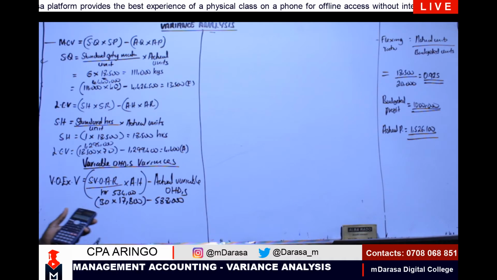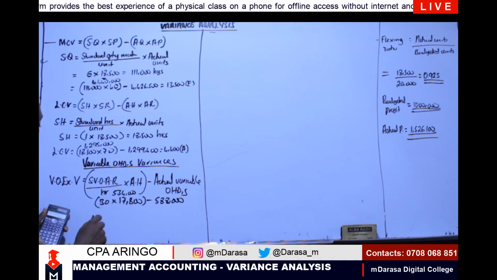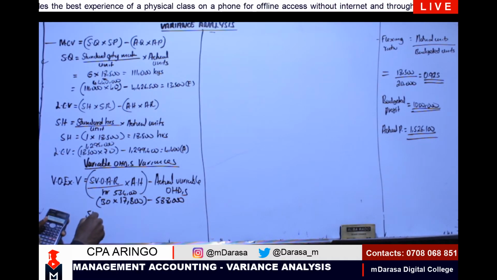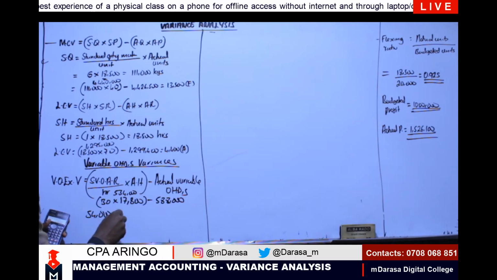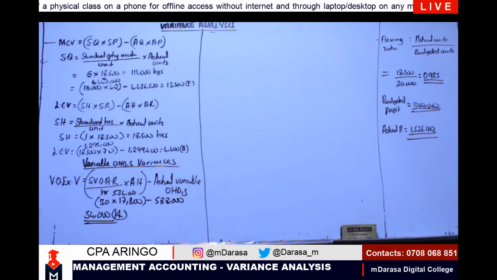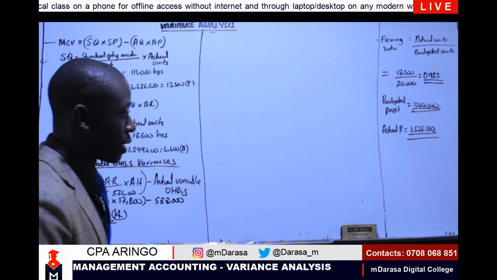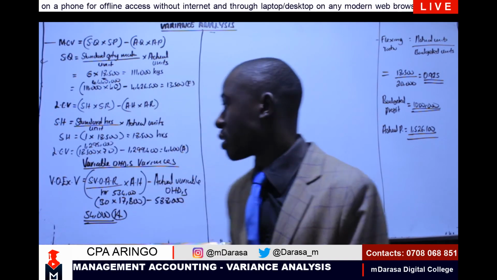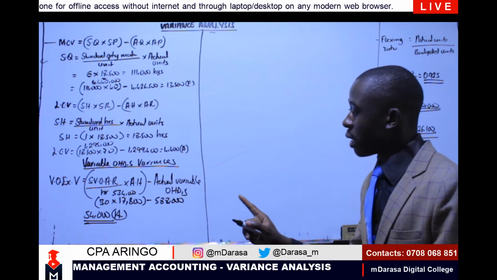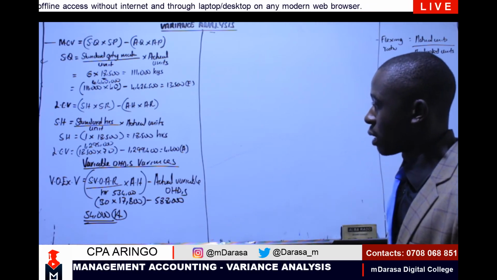My good student, I'm having a figure of 54,000, and that is an adverse variance. So that should be the variance that we'll be having.